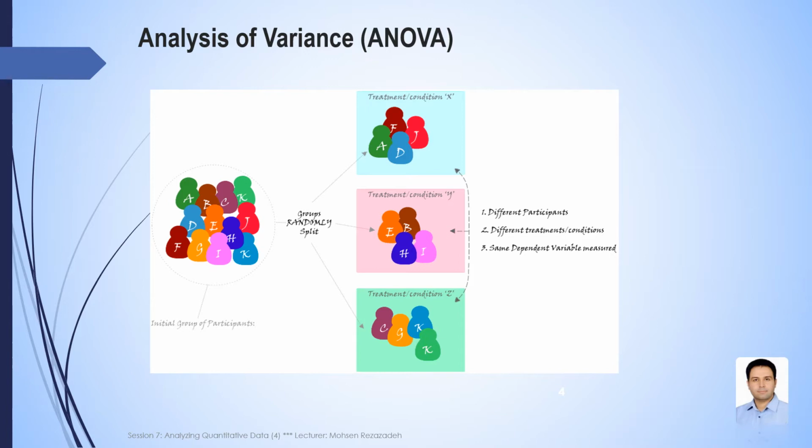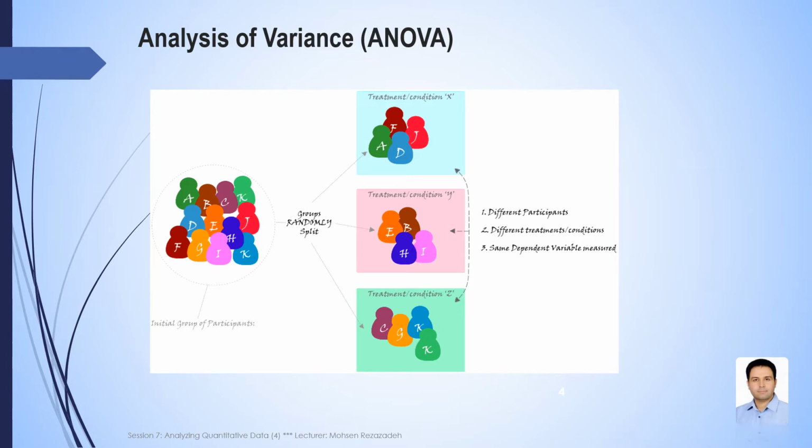That is, each participant is assigned to one and only one group. You then give each group different tasks, or you put them in different conditions, and then measure the outcome on the same dependent variable.